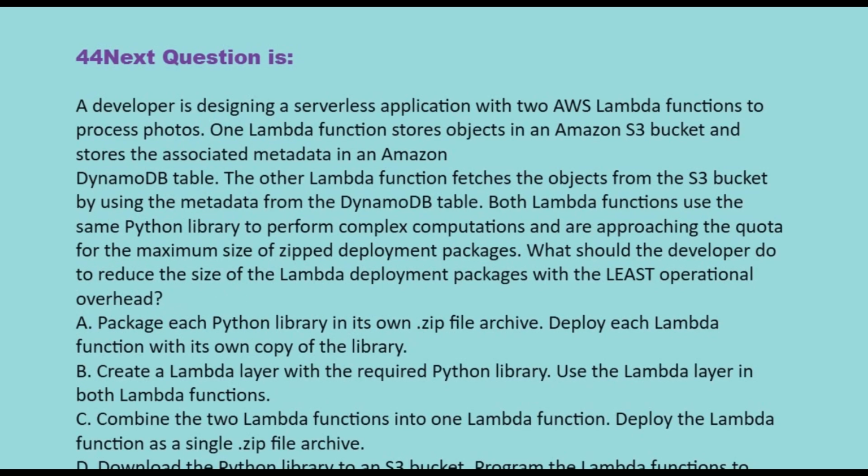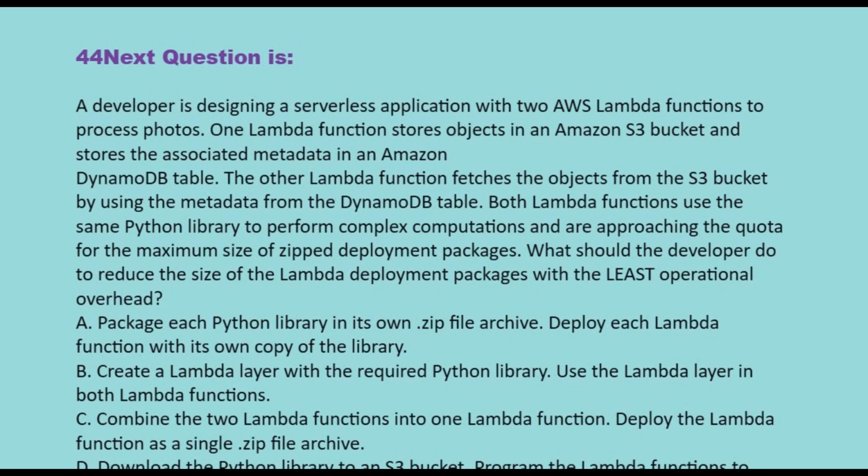Question: A developer is designing a serverless application with two AWS Lambda functions to process photos. One Lambda function stores objects in an Amazon S3 bucket and stores the associated metadata in an Amazon DynamoDB table. The other Lambda function fetches the objects from the S3 bucket by using the metadata from the DynamoDB table.